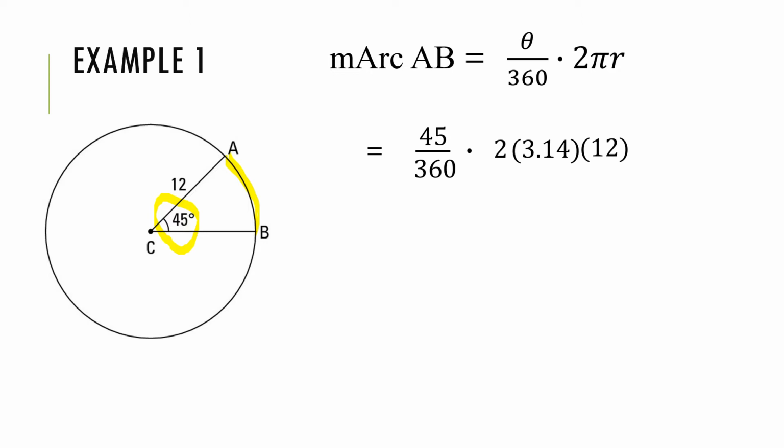Now we're going to take 45 over 360 and multiply that by the circumference, which is 75.36. And just in your calculator, put in 45 times 75.36, divide by 360, and you'll get 9.42.